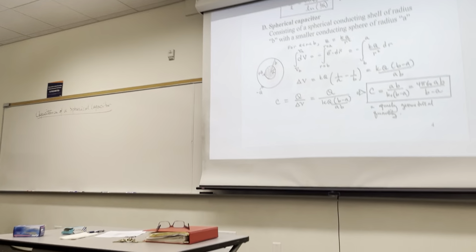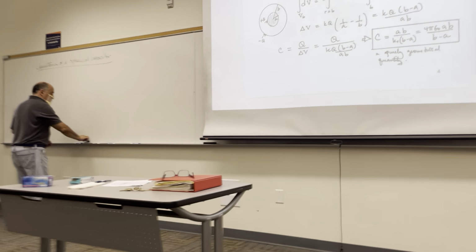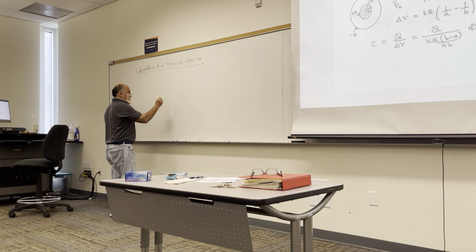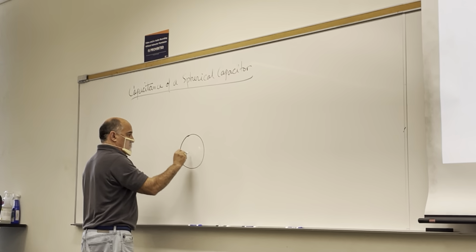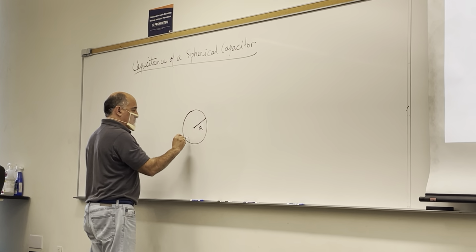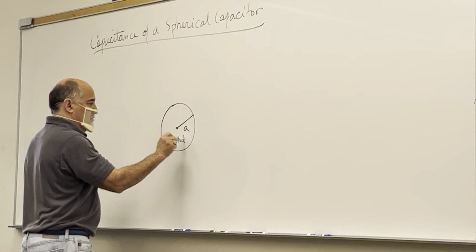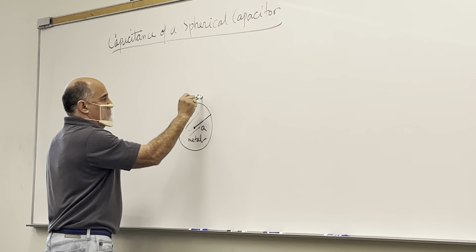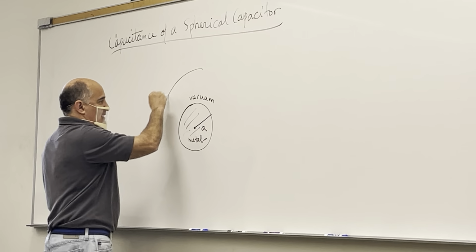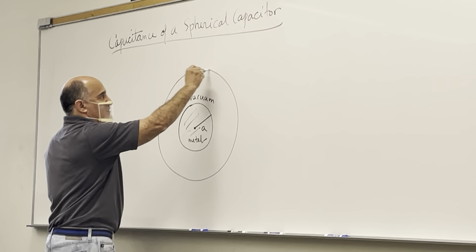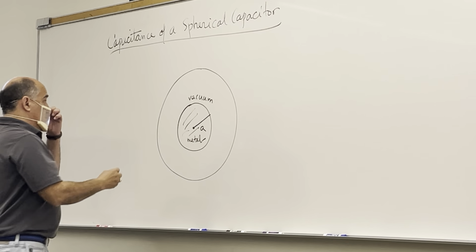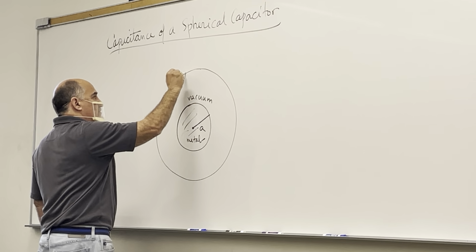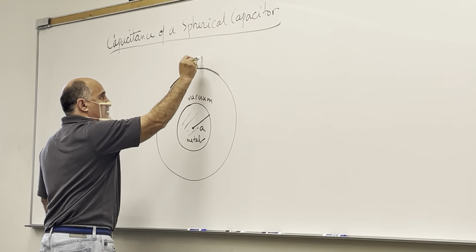Remember, a capacitor is two conductors separated by some insulating material. So you can have one conductor, a solid sphere of radius a, which is a metal. Then you have vacuum, and then another, very thin spherical shell.